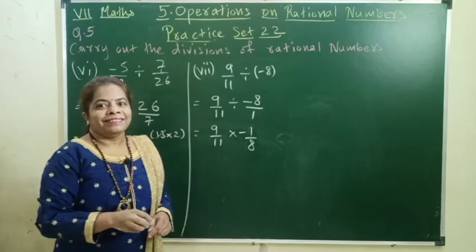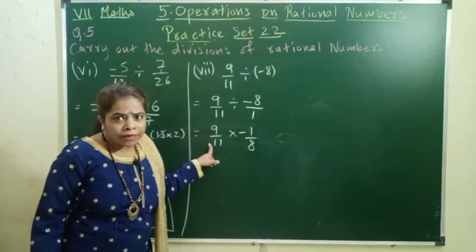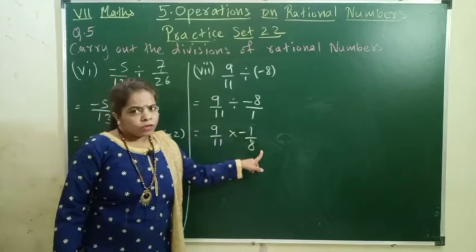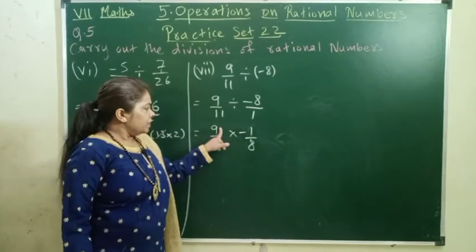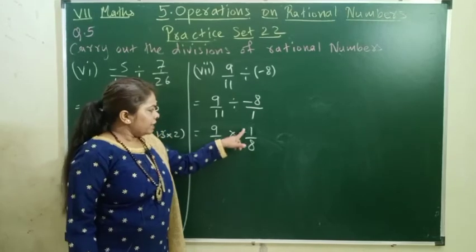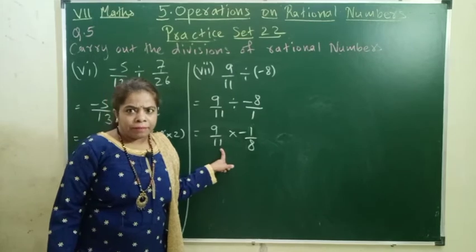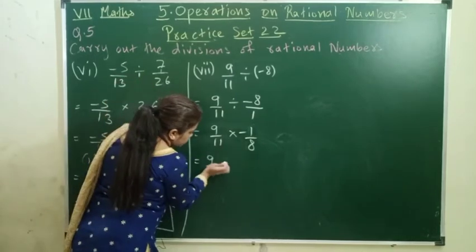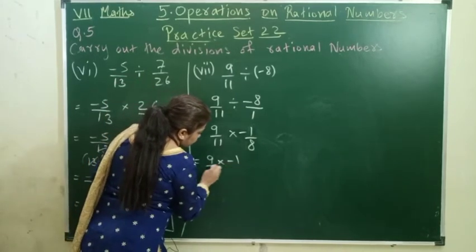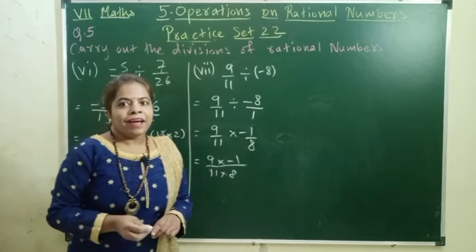So here. Now let us multiply because see 9, 11 don't come in a common table. 1, 8 don't come in a common table. 9 and 8 also don't come in a common table, and this way also 11 and 1 do not come in a common table. We'll write them together now.